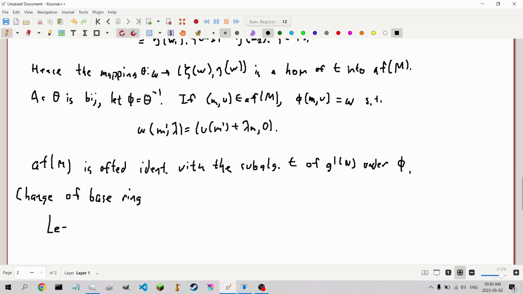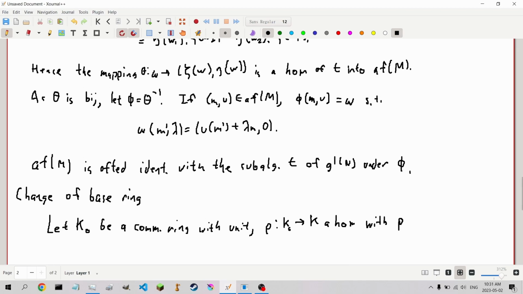So we're going to let K0 be a commutative ring with a unit element, and rho is going to be a homomorphism from K0 into some K, which I'm guessing is going to be a ring, at least it's got to be commutative, right?